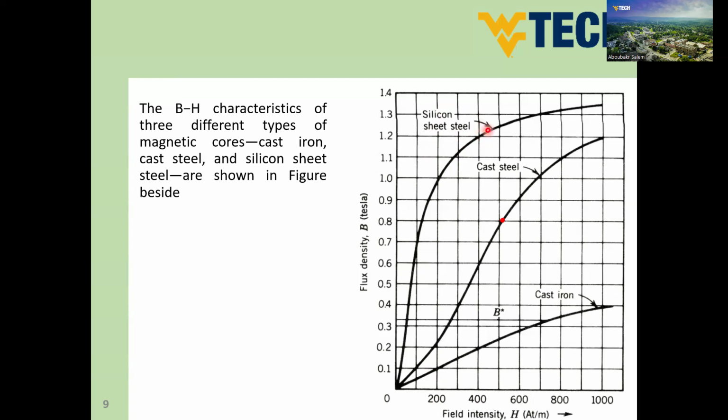Can you imagine that if you would like a small device at home, we may not use silicon sheet steel because the device would be very expensive, but we can use cast iron. So the price of the device is reasonable. However, for very high power devices, we prefer to use silicon sheet steel in the magnetic circuits.